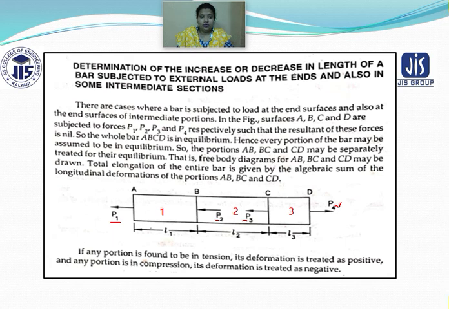If the summation of all the loads equals 0, that means it is in equilibrium condition. So you have to see whether the algebraic sum is in equilibrium or not. The first step is to determine whether the bar ABCD is in equilibrium condition or not.